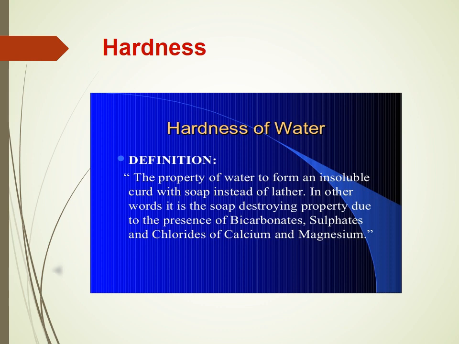So these ions react with the sodium salts of the long chain fatty acids present in the soap to form insoluble scums of calcium and magnesium soaps which do not possess any detergent value or cleaning tendency. It means such calcium and magnesium ions or other kinds of ions present in the water have the soap consuming capacity.